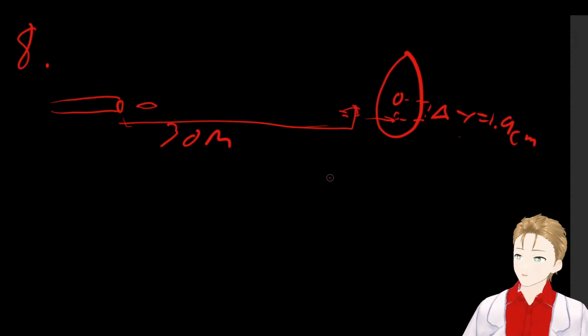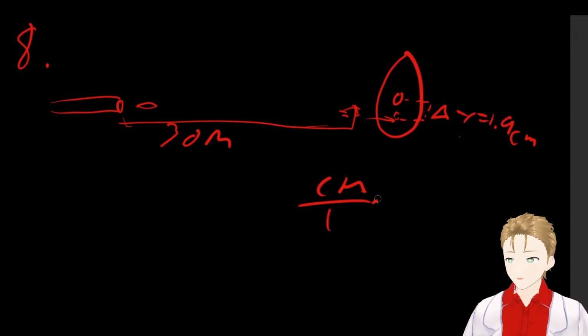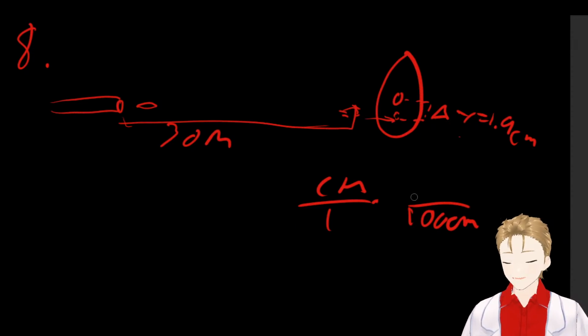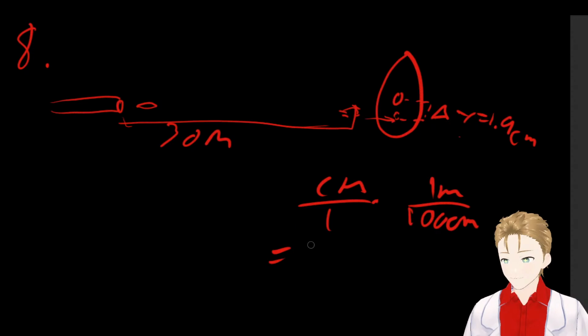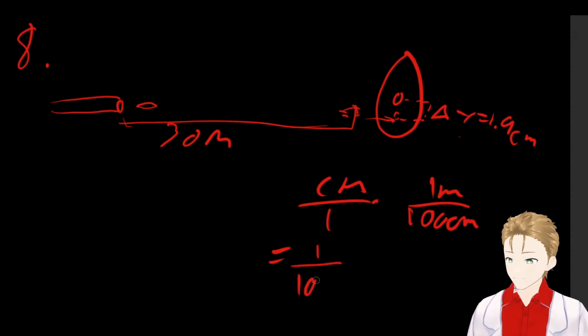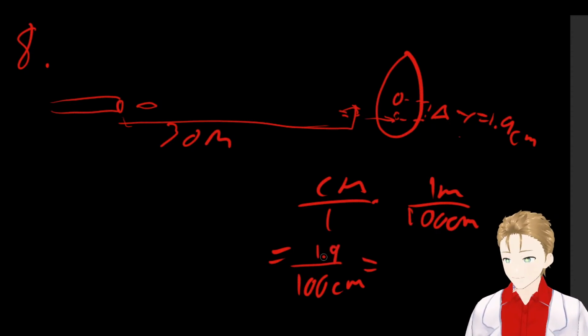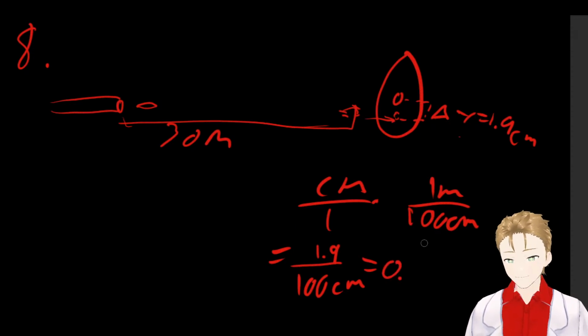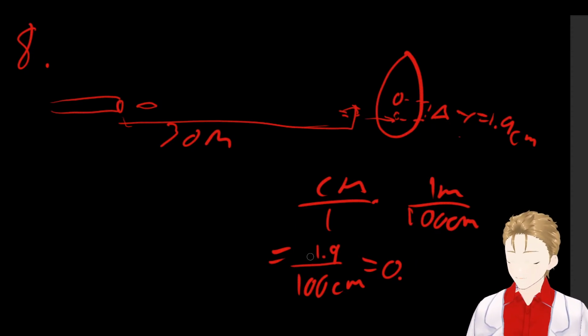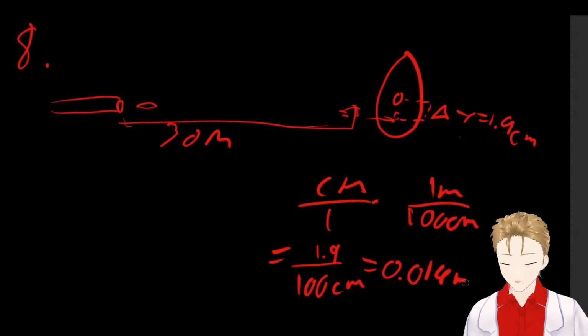That's 1.9 cm over 1 times, is it 100 cm? Take a meter over 1 meter, so 100 cm, so 1.9 is 0.019 meters.